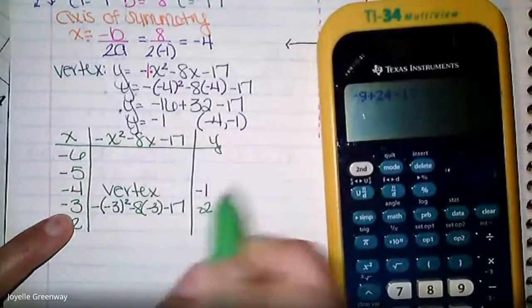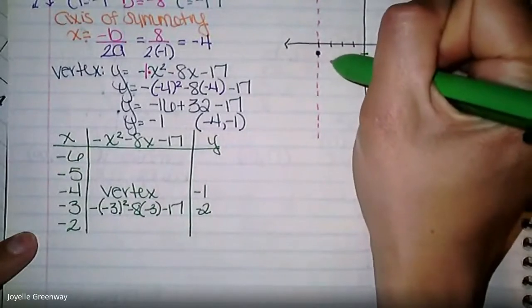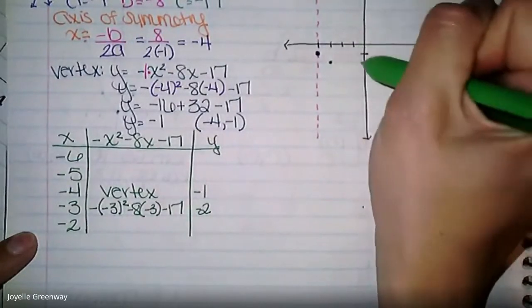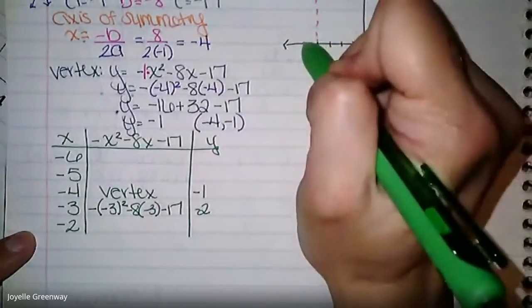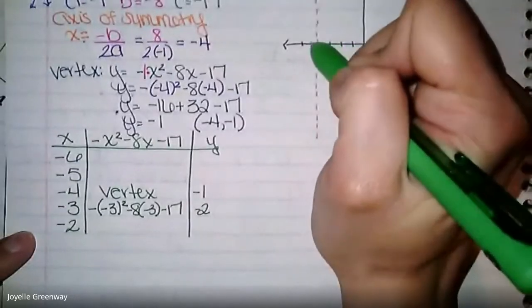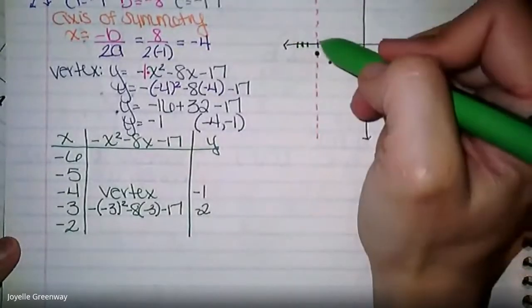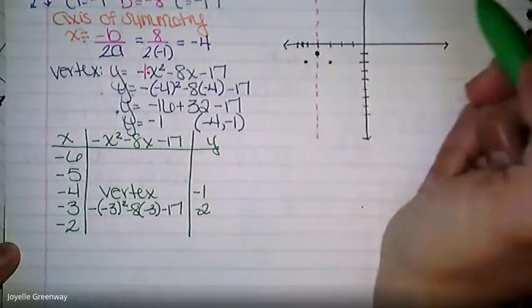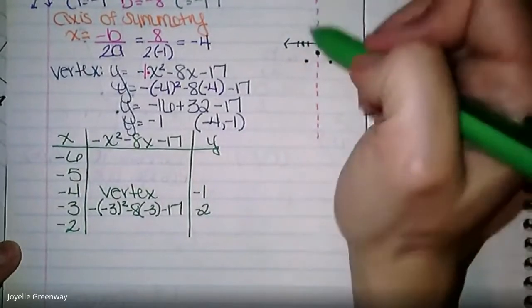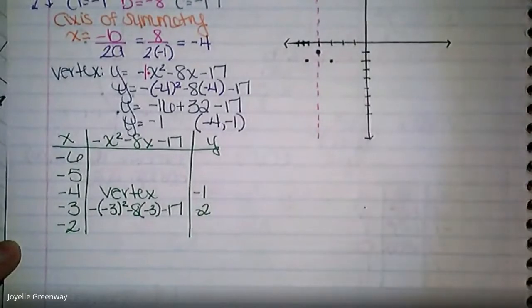So that means I have a point at negative 3, negative 2. 2, 4, 6, 8. So that also means, sorry, pretend that doesn't exist. So at negative 5, I have a point at negative 2. Okay, this looks like it's a point, but it's not. I just messed up my interval there.